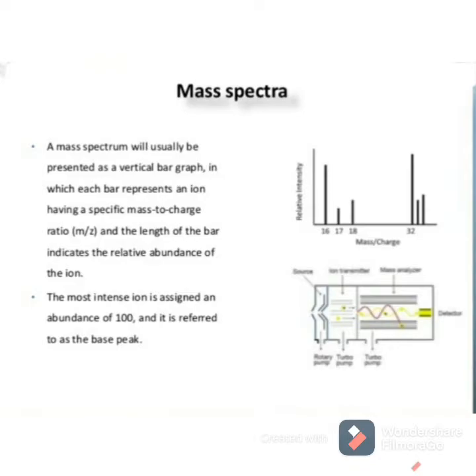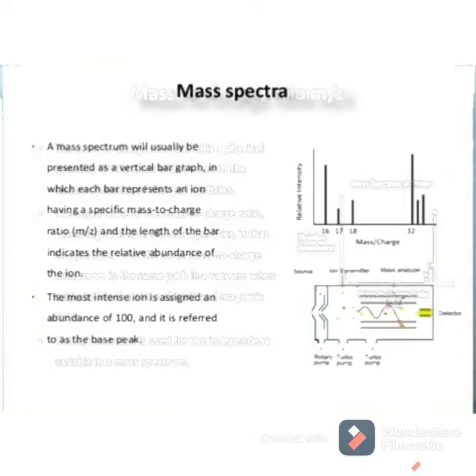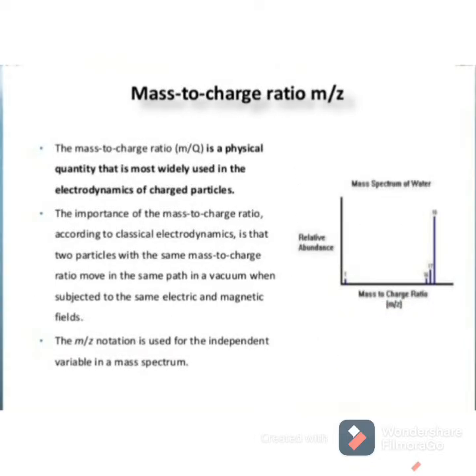After that, what is the mass to charge ratio, m by z? The mass to charge ratio, m by q, is a physical quantity that is most widely used in the electrodynamics of charged particles.